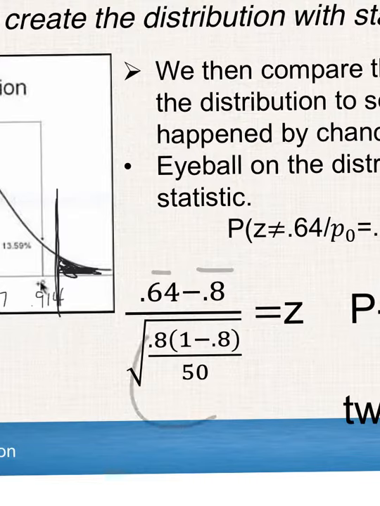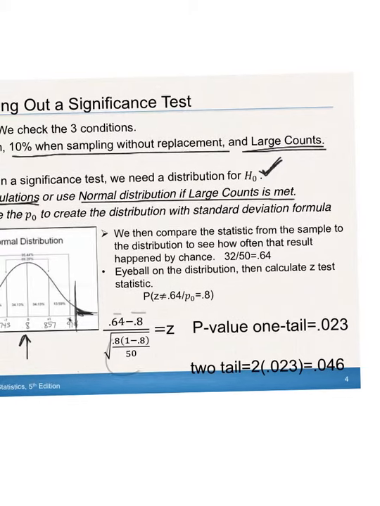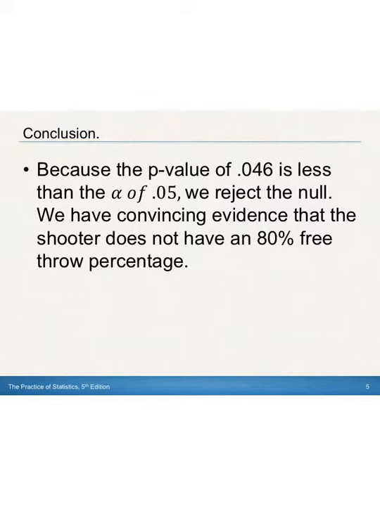In this case, the z works out to be negative 2.83, which when we find the p-value for that, we get 0.023, and doubling that, we get 0.046. Because the p-value of 0.046 is less than our alpha of 0.05, we reject the null. We have convincing evidence that the shooter does not have an 80% free throw percentage.